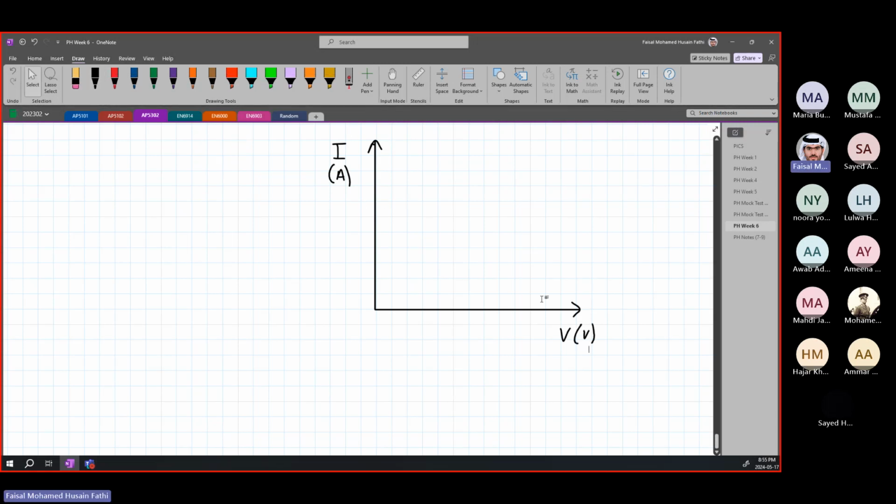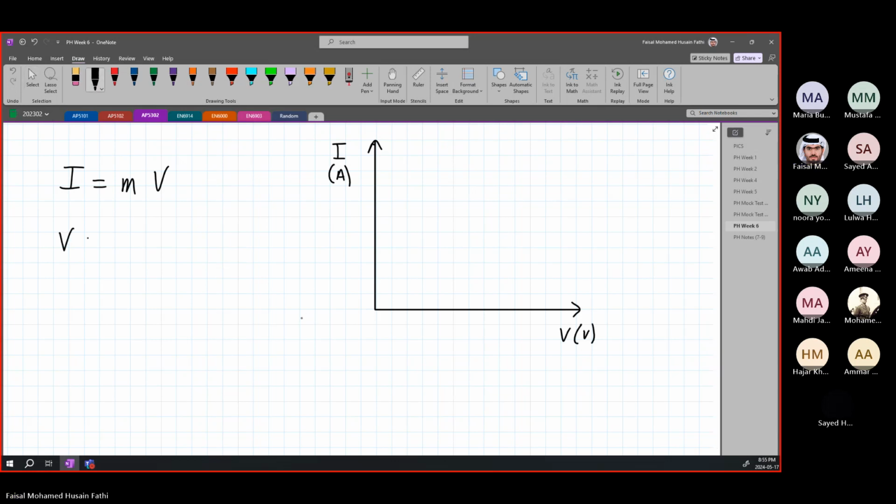So what if we put current and voltage like this? So it means we have I is equal to the slope, whatever it is, times the voltage, right? We know that V is equal to R times I. So if this was in the opposite direction, we know that this would be R. But in this case, we have our I times V.